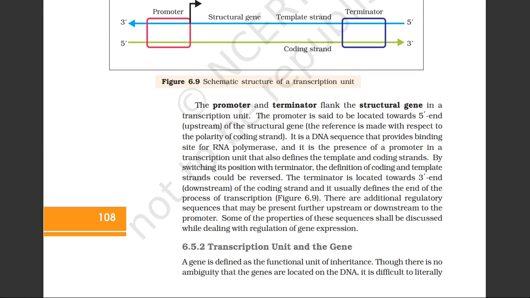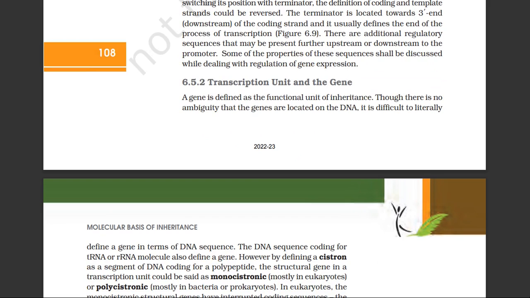6.5.2 Transcription unit and the gene. A gene is defined as the functional unit of inheritance. Though there is no ambiguity that the genes are located on the DNA, it is difficult to literally define a gene in terms of DNA sequence. The DNA sequence coding for a tRNA or rRNA molecule also defines a gene.